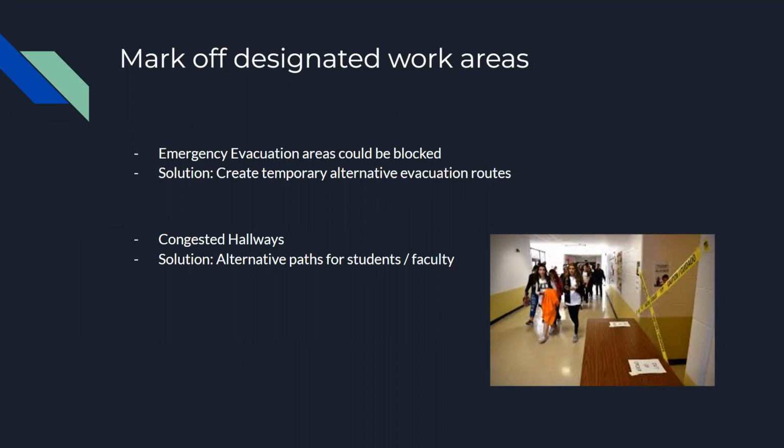For that, we're going to set up temporary and alternative evacuation routes. Another problem we may face as we mark up designated work areas is congested hallways. One solution is to make alternative paths for students and faculty.